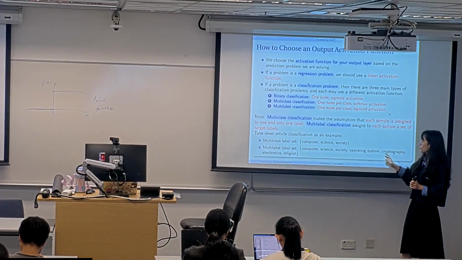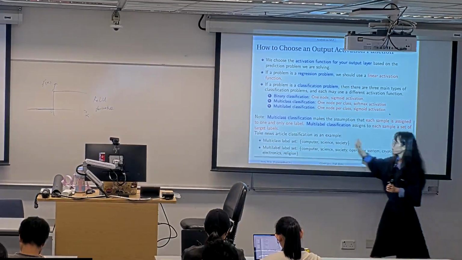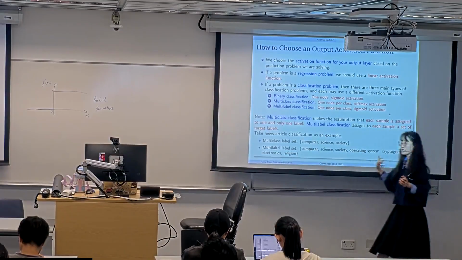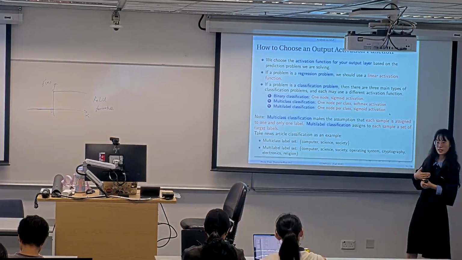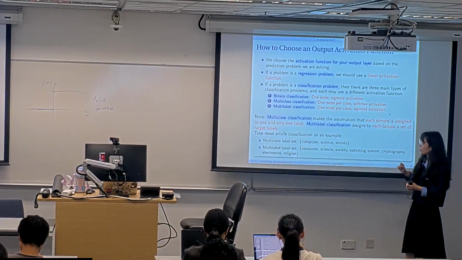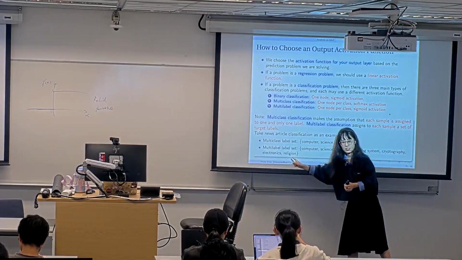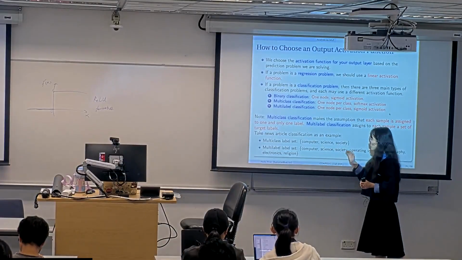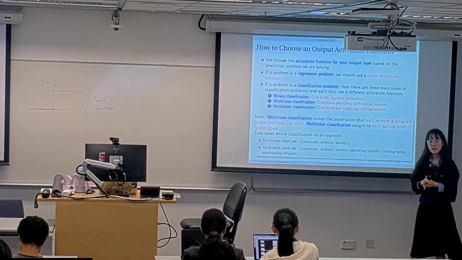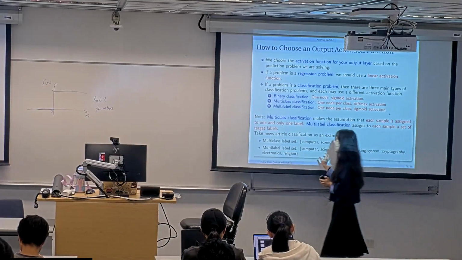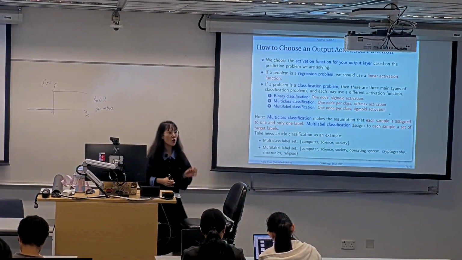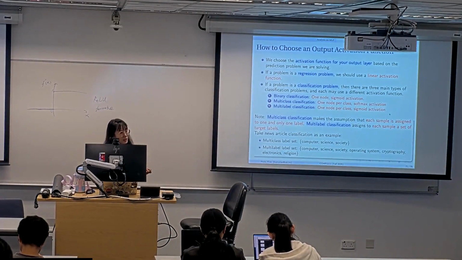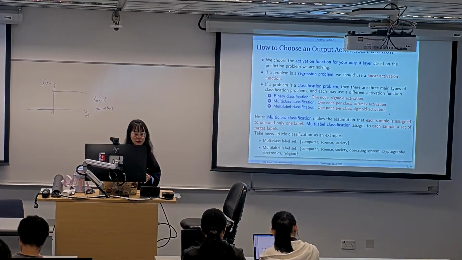If it belongs to operating system, then it also belongs to computer, right? Actually, these class labels overlap with each other. And if a news article belongs to religion, then it also belongs to society. It can have these 2 class labels, society and religion. So this is multi-label classification. One data sample can have more than 1 class label, can have multiple labels.